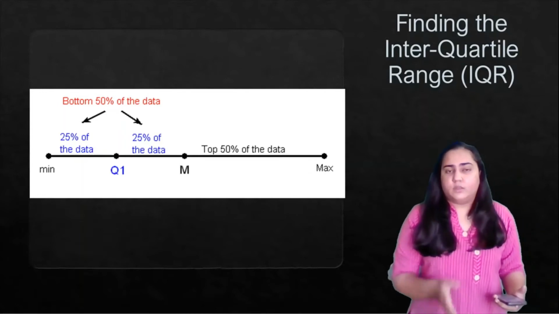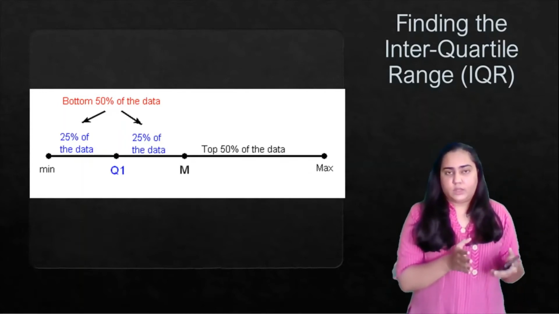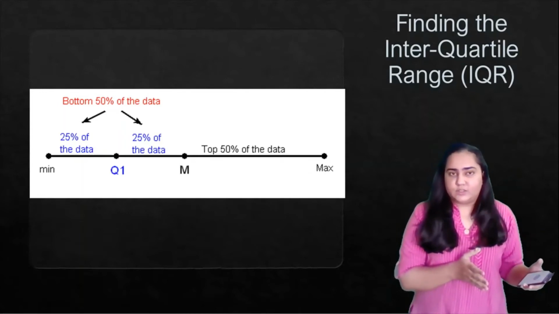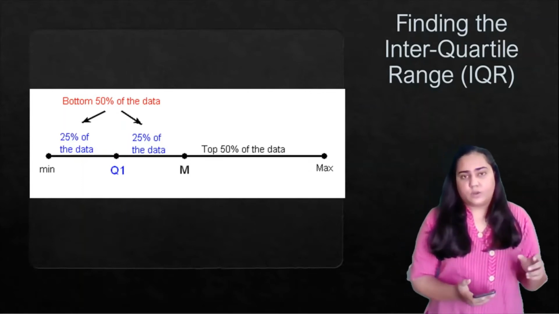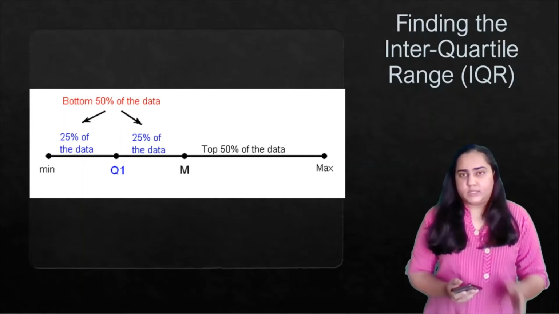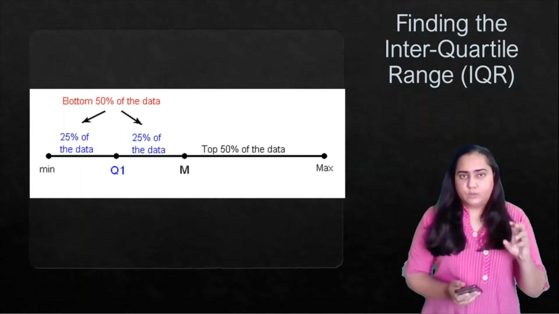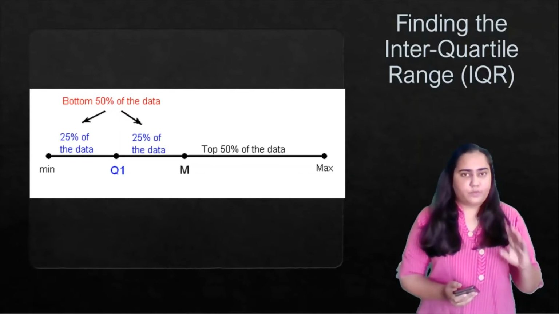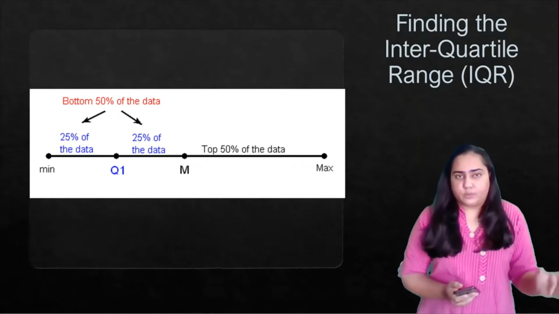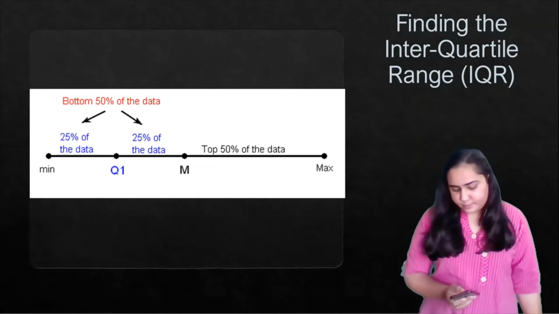Then I found the center of that data, which is Q1, known as quartile 1. That is my second step, finding Q1, which is the center of the 50% of data below the median.